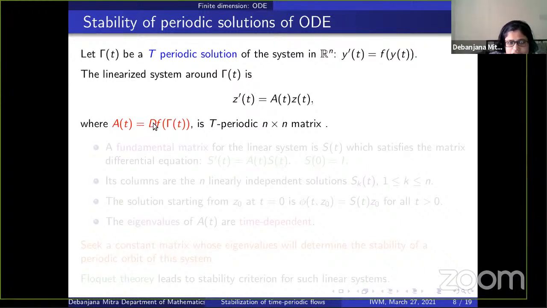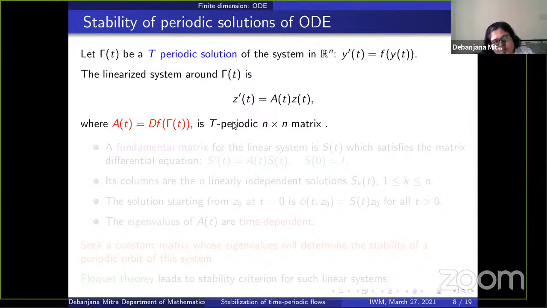It's again the differential map DF evaluated at that periodic orbit gamma(t). So it is again an n cross n matrix, but it depends on the time t, and it is capital T periodic, the same periodicity we had for the periodic orbit gamma. So that we have now.